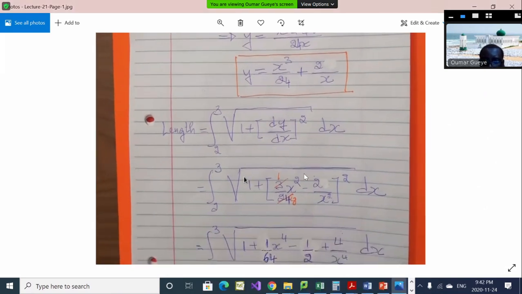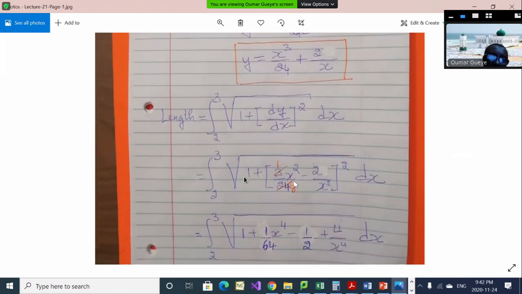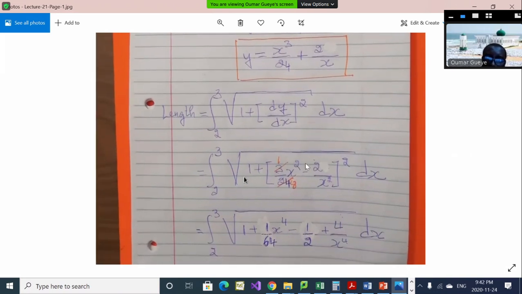So next, as I said, I'm going to expand this bracket, using the identity formula. It is going to be the square of x squared over 8, which is just x to the power 4 over 64, plus this product. You multiply these two.